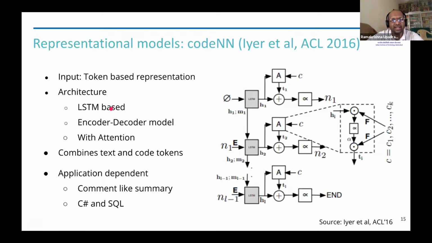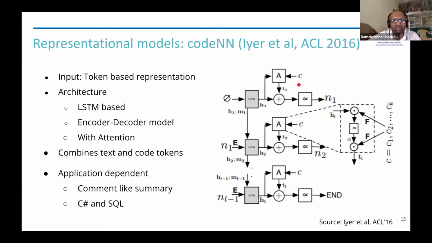The architecture is an LSTM-based one. For example, they take the code tokens, C1, C2, up to CK, and generate a one-hot vector. It's a matrix where each column is the vector representation of a token, and they send it through an LSTM, and there is an attention layer everywhere.